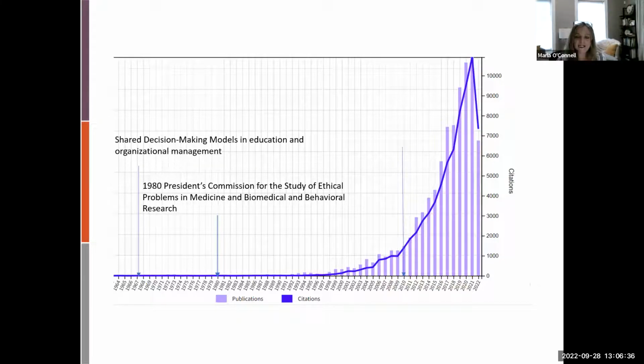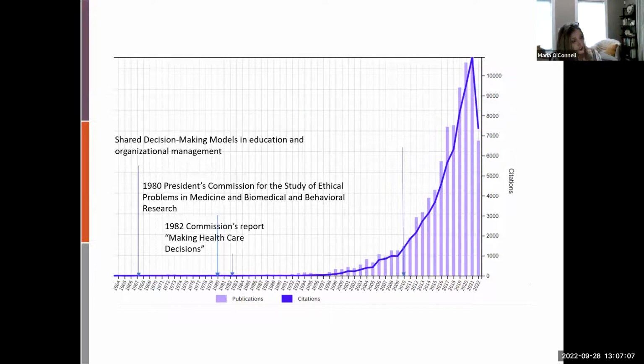So around this time, there were a lot of discussions in medicine around people's rights to have a say. The doctors typically are the educators. They're the ones that have received all of the training and knowledge. And people, as patients, typically were seen as consumers and people who looked to the doctors to provide the recommendations, but weren't really an active partner in that.